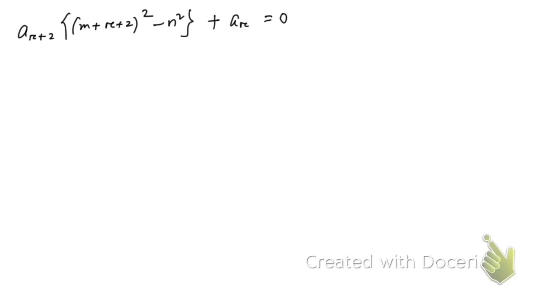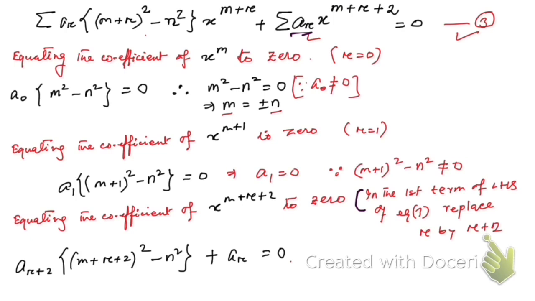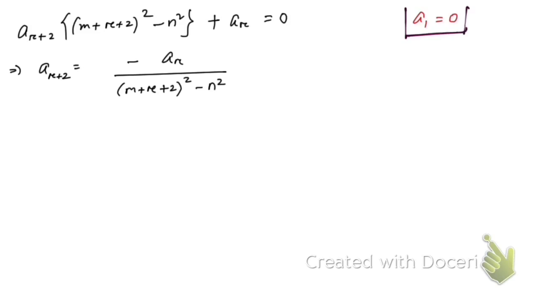So from here we're going to have a r plus 2 is equal to minus ar divided by m plus r plus 2 whole square minus n square. That's what we're going to have. And remember one more thing, that we had got a1 is equal to 0. Okay, remember this value, because we're going to need this. That's very important.